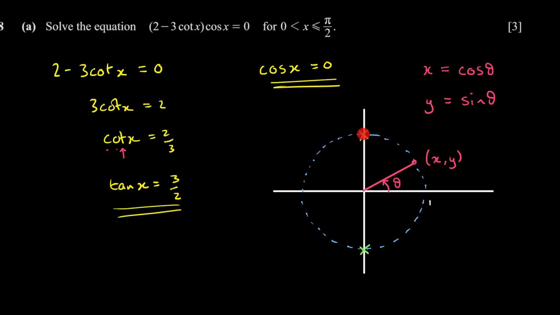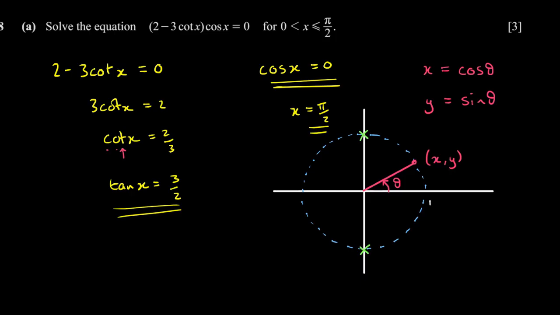So what angle brings us to this point? Well, the angle is 90 degrees or pi by 2. And what angle brings us to this point? Well, that would be 3 pi by 2. And that's outside of our domain, right? So we've only got one solution for that, which is the angle is pi by 2.